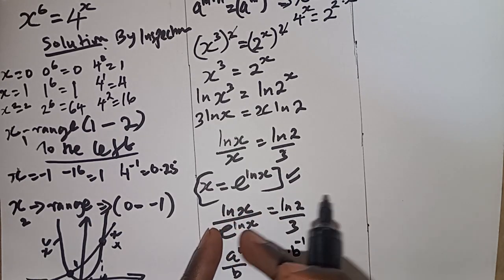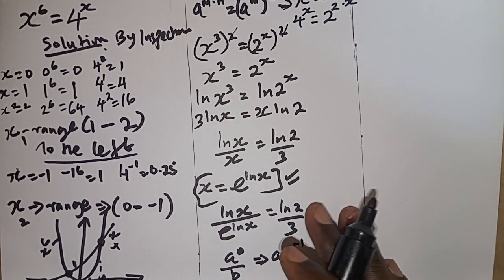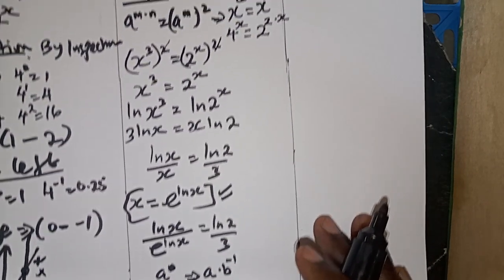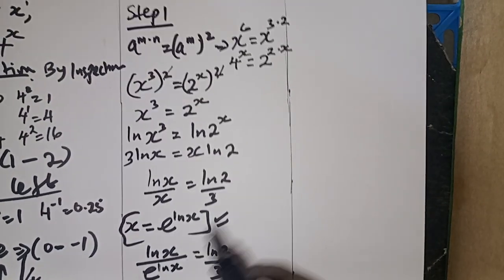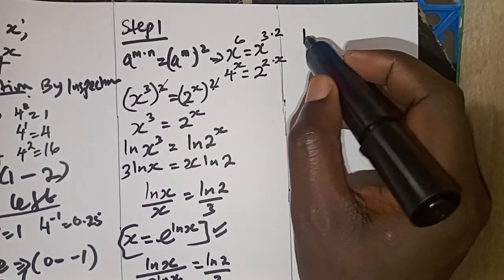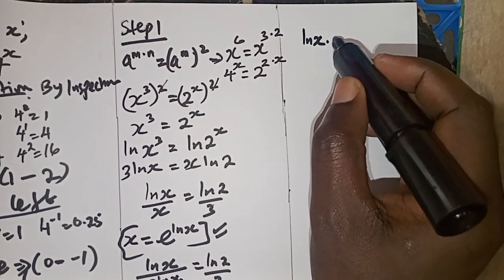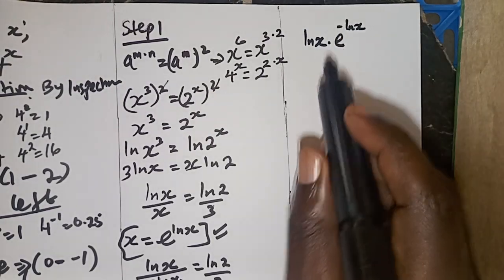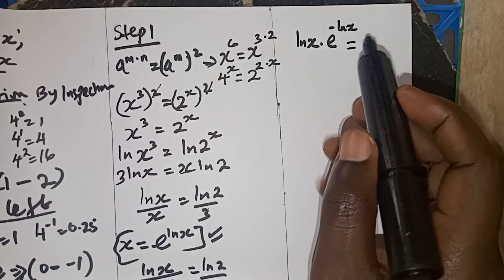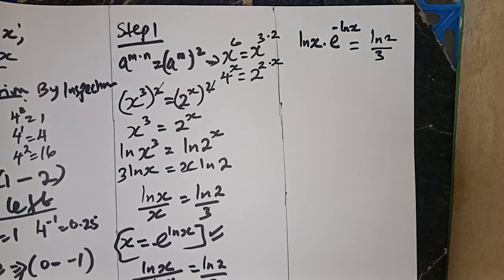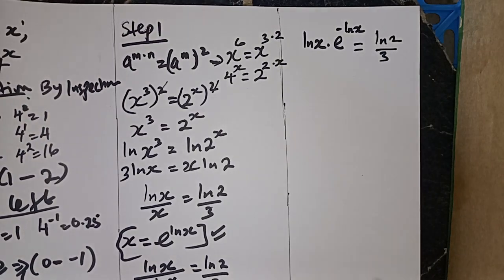So this is what I want to do here. Taking the exponent above, I will get ln of x multiplied by the exponent of negative ln of x equals ln of 2 divided by 3. It looks interesting now.